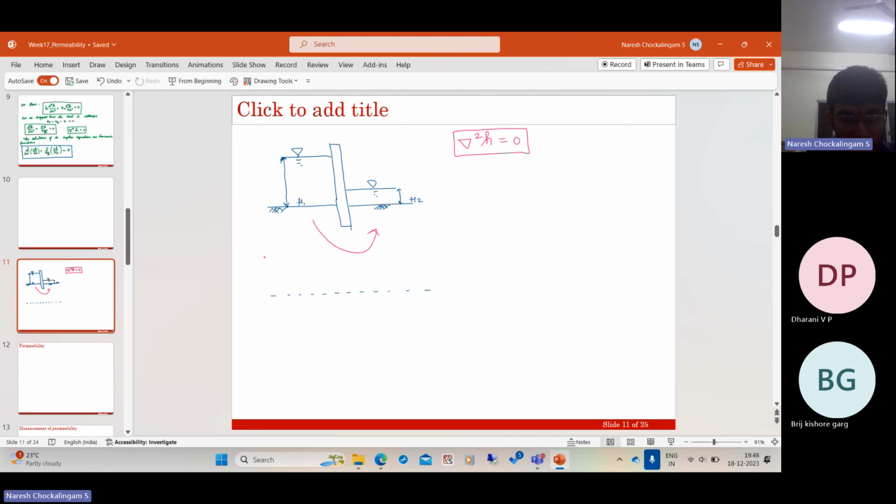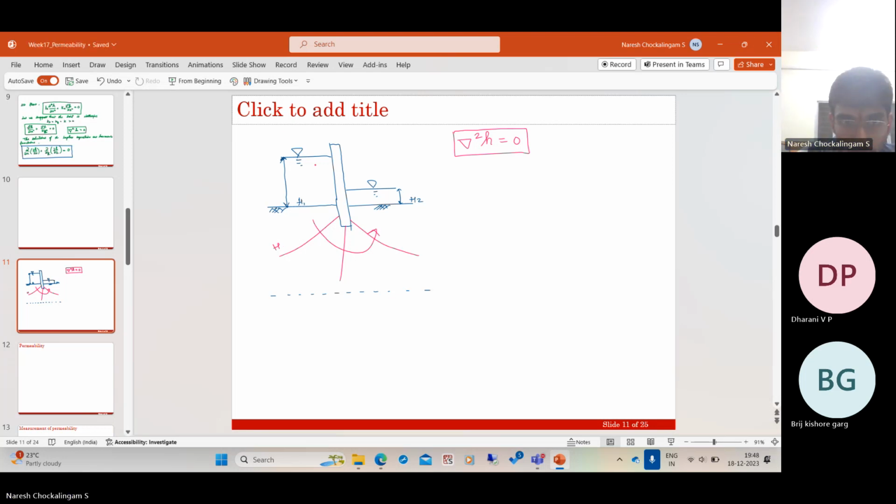Now you can draw many more values, so this can be, say, H3, H4, H5, and so on. It is such that H1 is greater than H3, greater than H4, greater than H5, greater than H2.